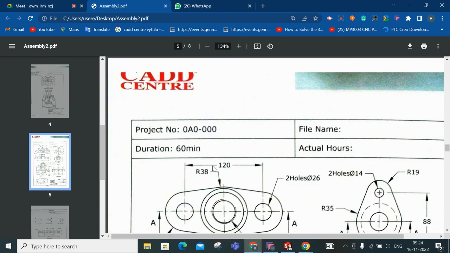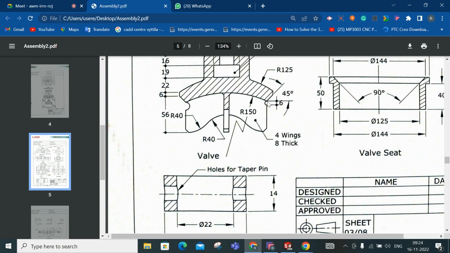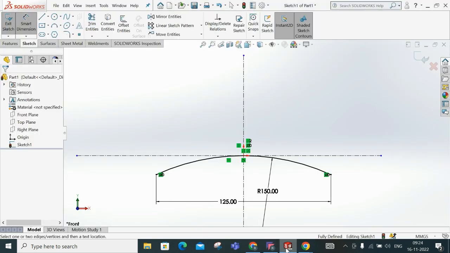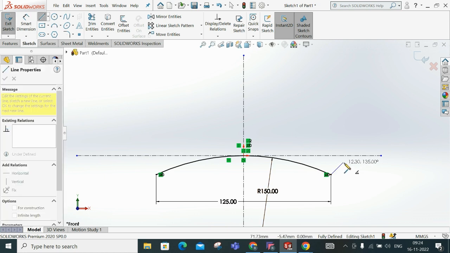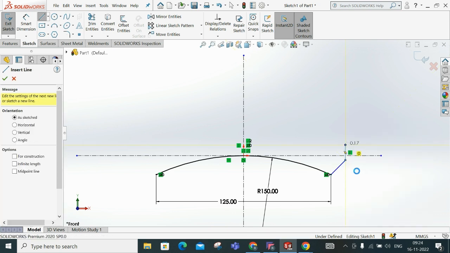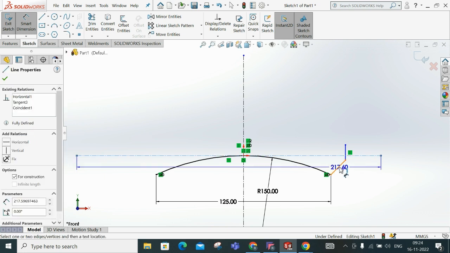Then 45 inclined. Then this length. The angle between this thing and this thing is 45, or this thing is 135.